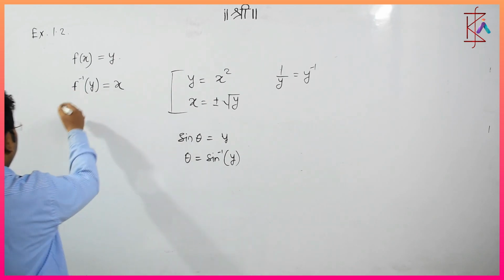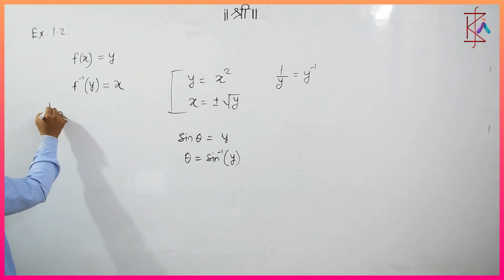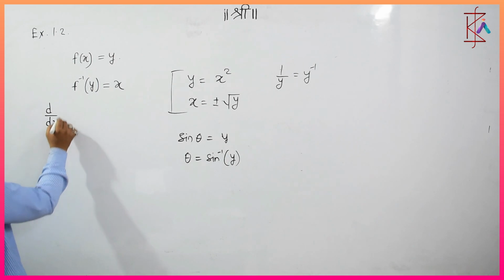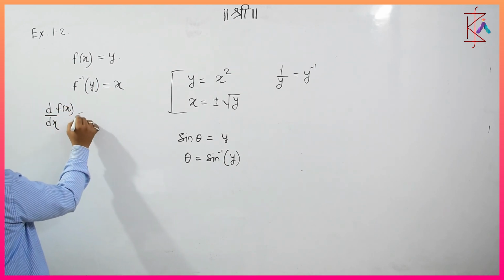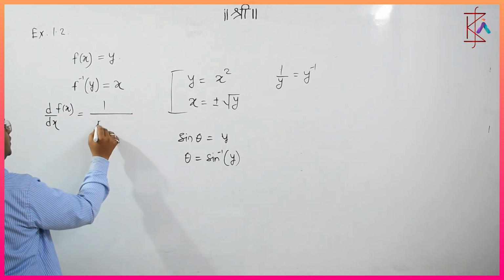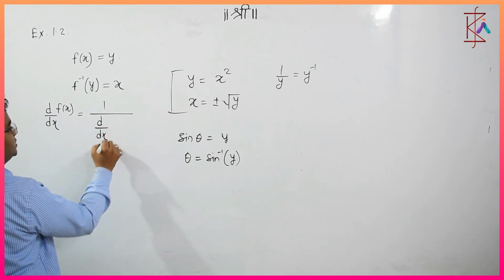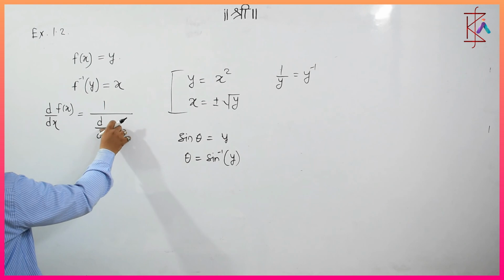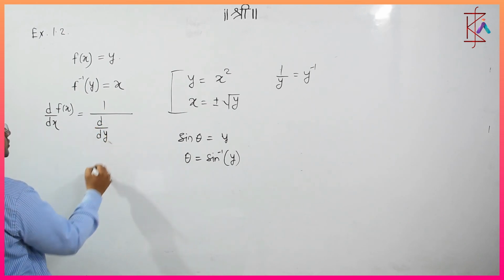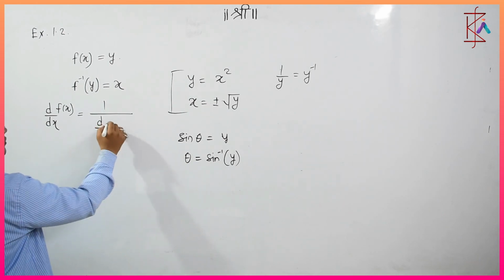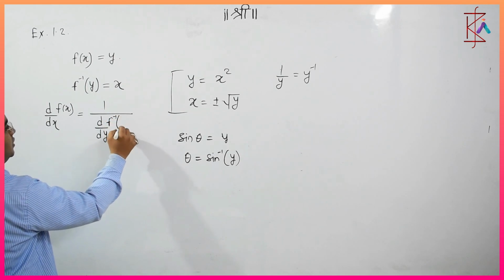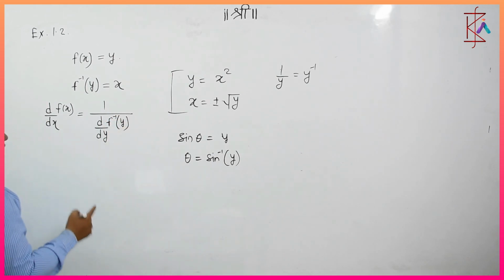The derivative is saying something like this: d upon dx of f of x is equal to 1 upon d upon dy of f inverse of y. Are you getting this?